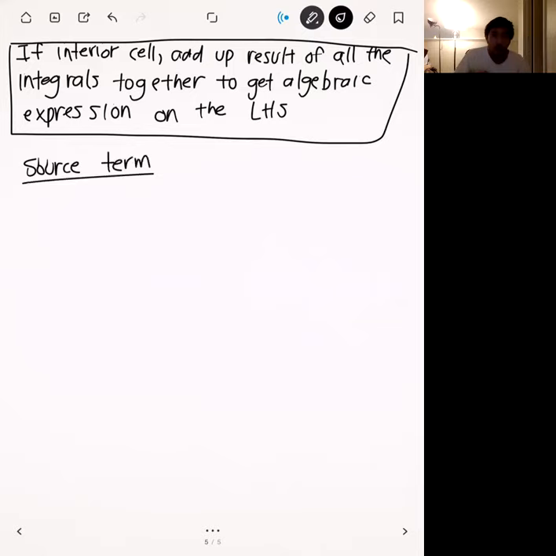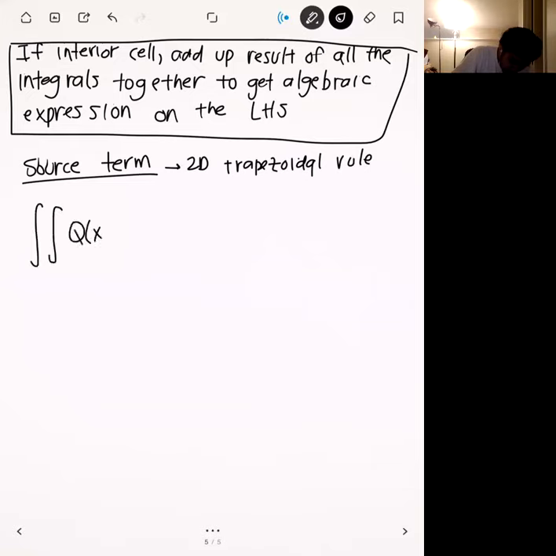For the source term here, all we're going to do is apply our 2D trapezoidal rule. Normally for the source term, what we have is q of x, y times dA.